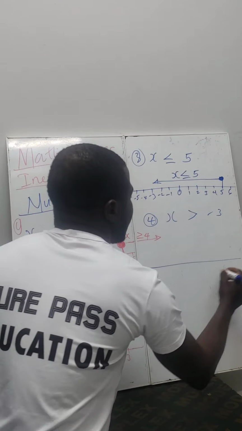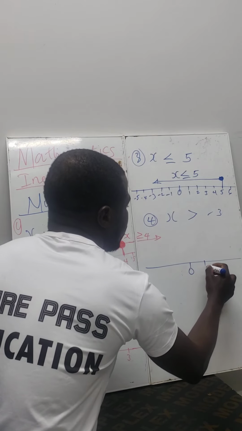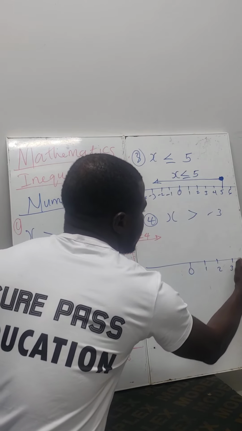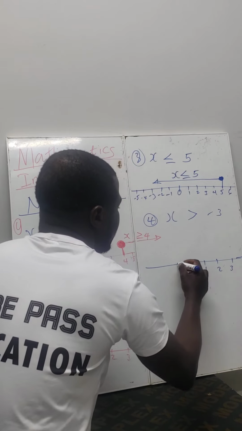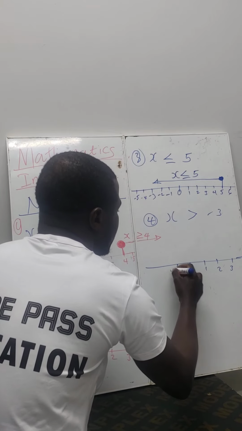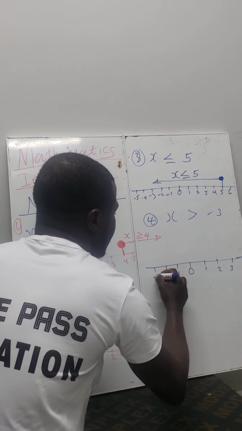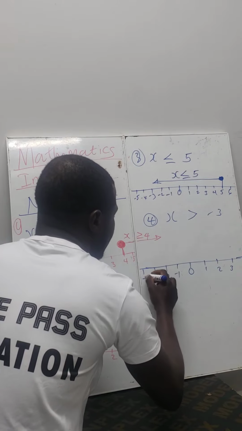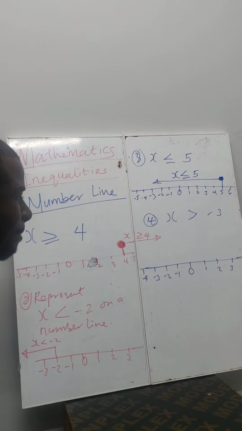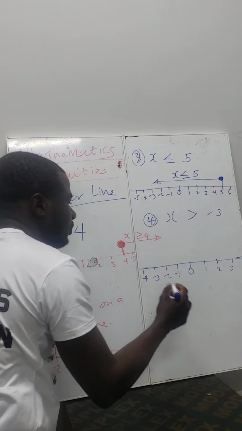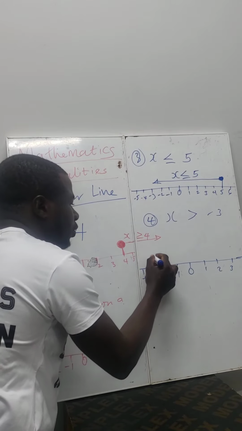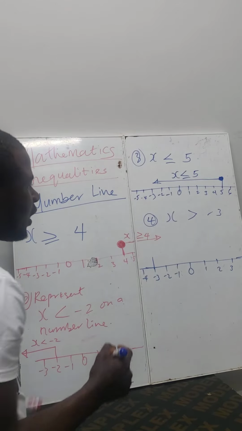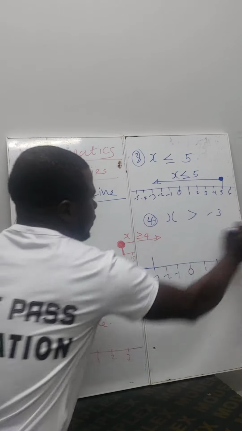We draw our number line: 0, 1, 2, 3, 4. Minus 1, minus 2, minus 3, minus 4. Our point of concentration is minus 3. Therefore, we come here, greater than, this direction.